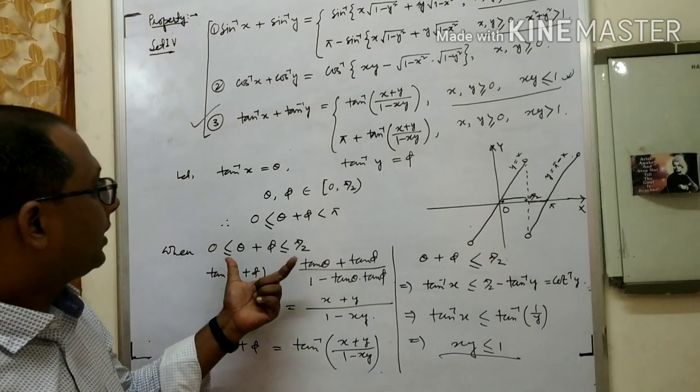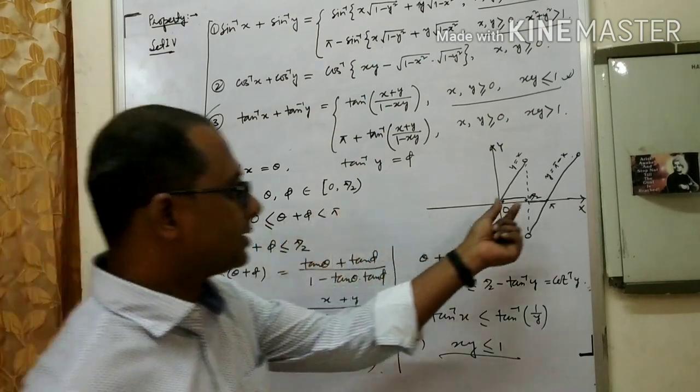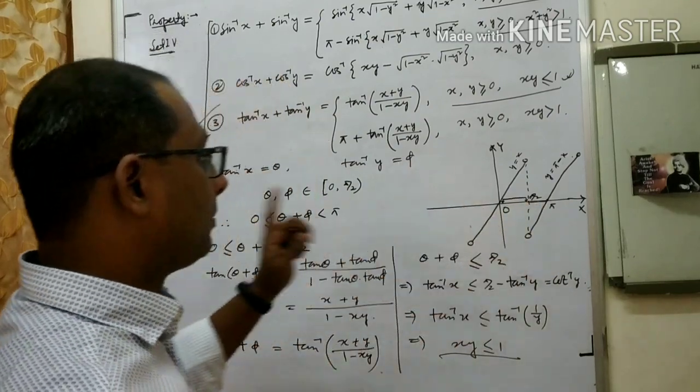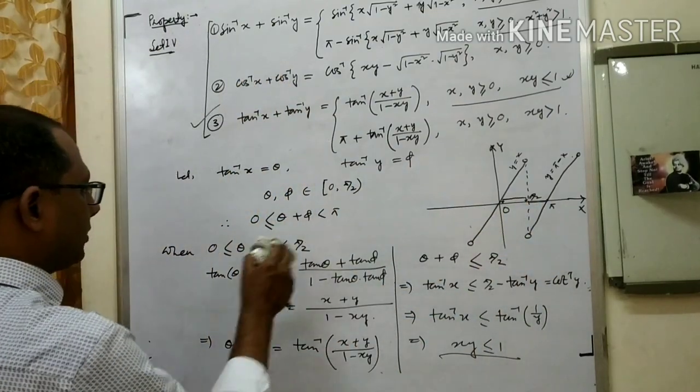Now we have to discuss the same result for the interval when theta plus phi will lie between pi by 2 and pi. So we'll go for that.